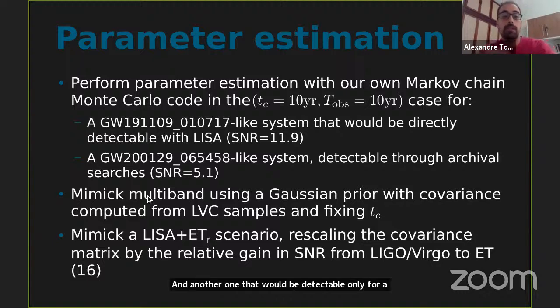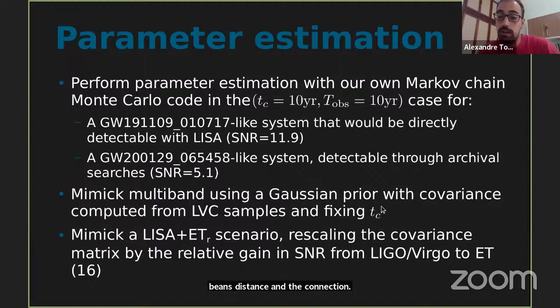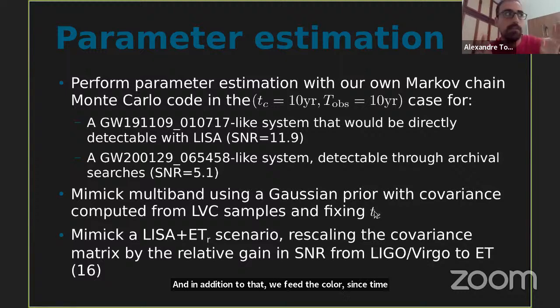Moreover, we mimic a multi-band detection by using a Gaussian prior in the Bayesian analysis, and the covariance for this Gaussian prior is computed using the samples released by LIGO Virgo for masses, spins, distance, and inclination. In addition to that, we fix the coalescence time of the binary, because this is a parameter that is usually very well measured by ground-based detectors.